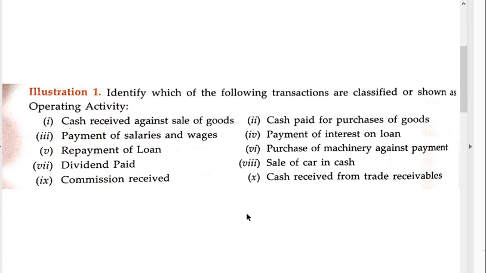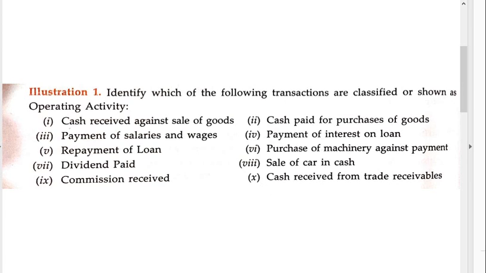And the activities which are not directly related to the routine operations of the business, those are not operating activities. Those might be investing activities, those might be financing activities, that we will discuss later on when we discuss the investing and financing activities. Clear?